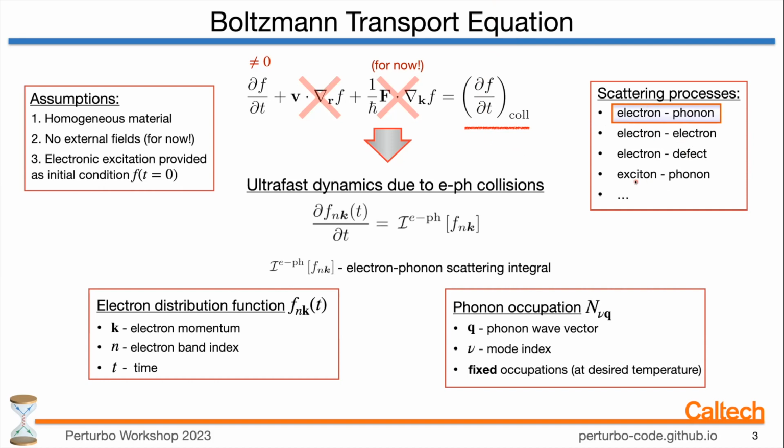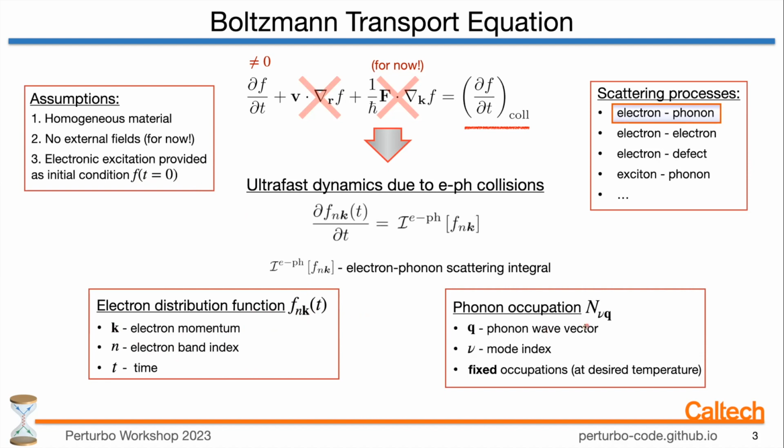But in this lecture, we will restrict ourselves to the electron-phonon interaction. Then we have a partial differential equation, actually a coupled integro-differential equation, where we provide the initial condition f at t equal to 0. Concerning the electron distribution function, just as a reminder, we have two indices n and k, where k is the electron momentum index and n is the electron band index, and now our occupation function is time dependent.